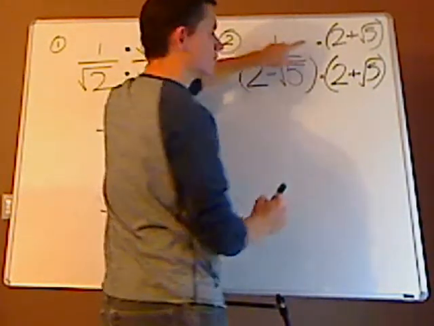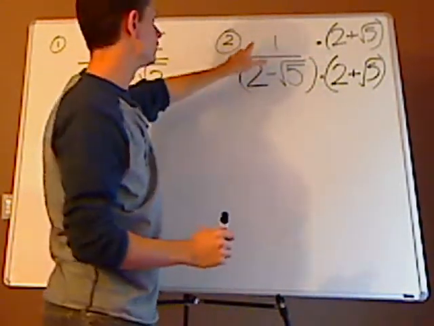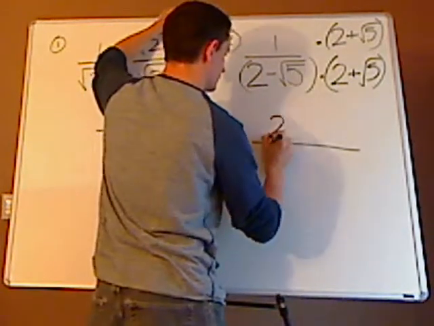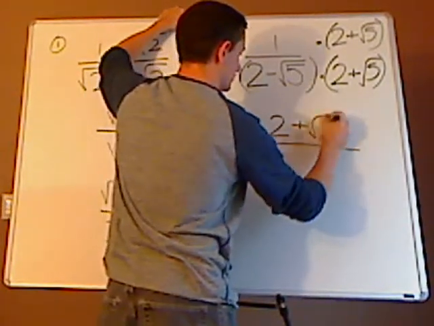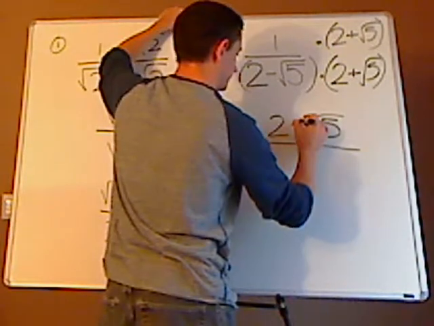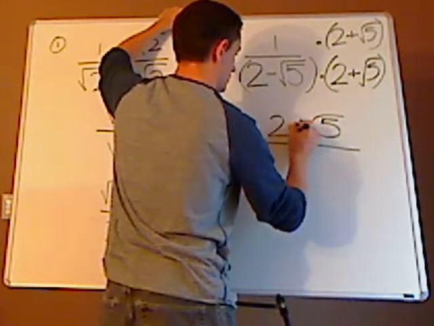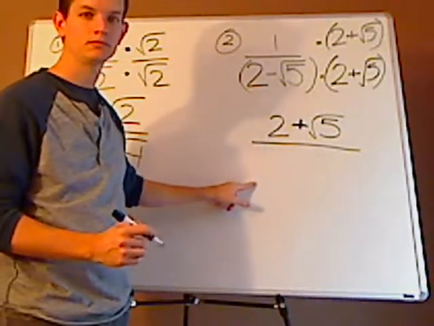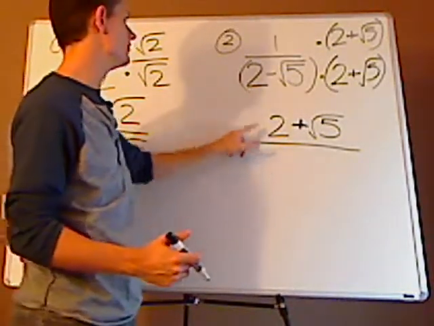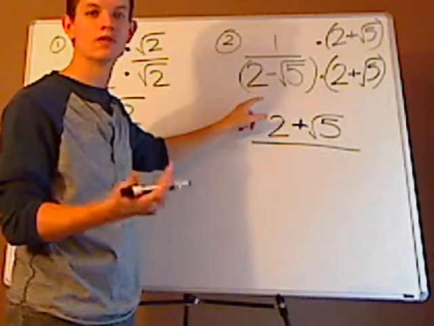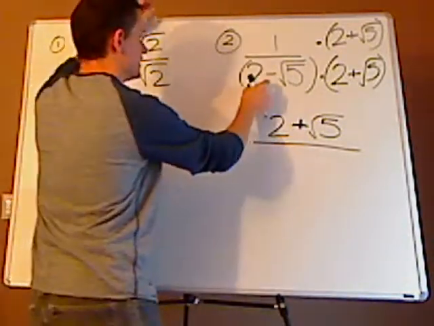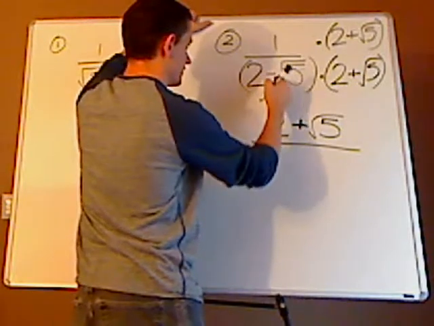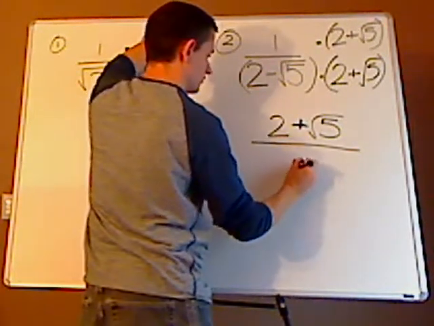Now, when you simplify this, it's 1 times this. So in the numerator, it's just 2 plus square root of 5. Right? And then in the denominator, you're going to have a difference of squares. If you don't know what that is, just simply take this and square both of them and put a minus sign in between.